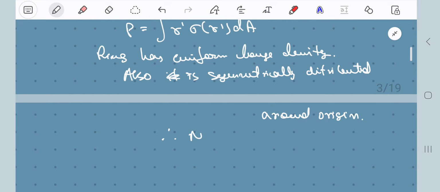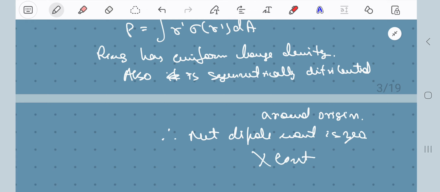Therefore, the net dipole moment is 0. Hence, no contribution. So this also doesn't add to any contribution, right? So we are done with the monopole term. We are done with the dipole term. And hence, the only thing which we need to calculate furthermore is the contribution by the quadrupole term. And that is exactly what we are asked here, right?